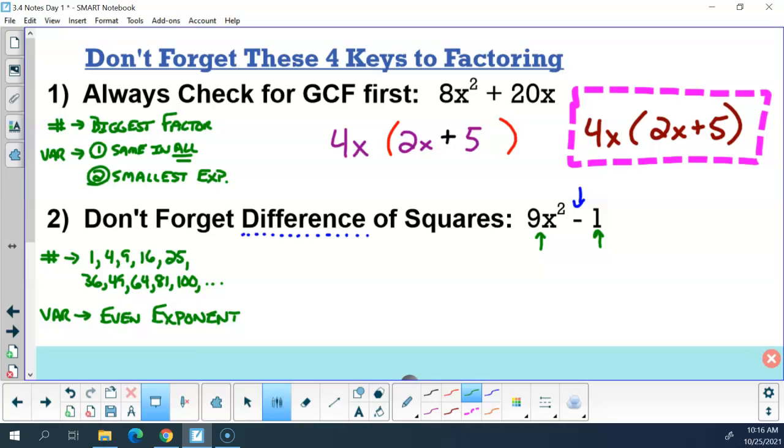X squared is a perfect square because it has an even exponent. 1 shows up on our list, so both terms are perfect squares. Okay? If that's the case, then if you have a squared minus b squared, that factors then to be a minus b times a plus b.